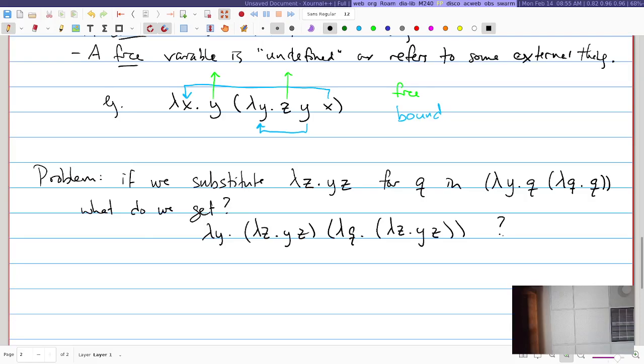I thought you apply it to the lambda q only. Or the q and lambda q. You thought we would only do it here on this q and not this one, you mean? I guess. Okay.